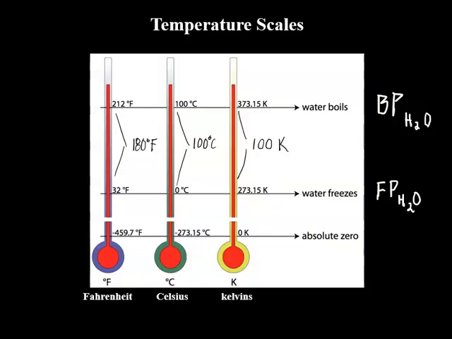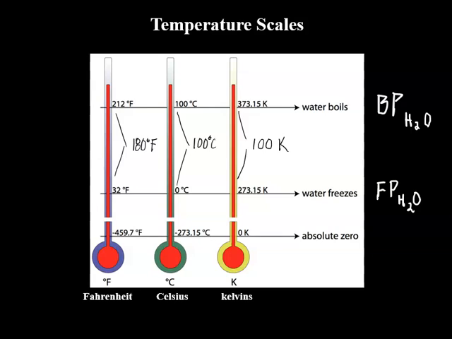Next, let's compare them to the Kelvin scale. The Kelvin scale was determined through experimentation. What they wanted to do is find what would be theoretically the coldest possible temperature, and they called that 0. And then they classified the freezing point of water as 273.15 kelvins, and the boiling point of water was 373.15 kelvins.